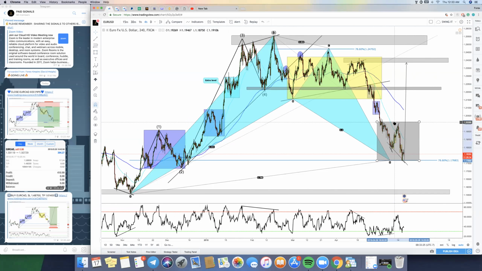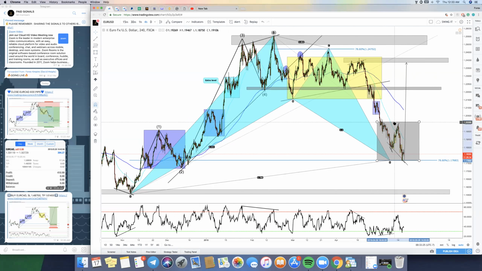All right, next is CAD CHF. All right, CAD CHF has basically created a nice M, level 1, level 2, a nice W formation with a divergence. Then the price broke the resistance, created the level 1, level 2. It created the M formation with the divergence at the 88.6.